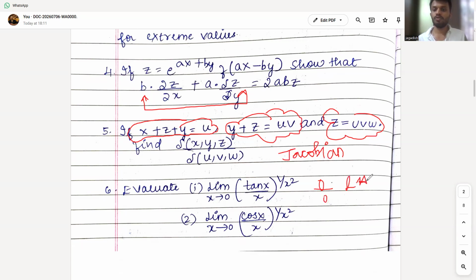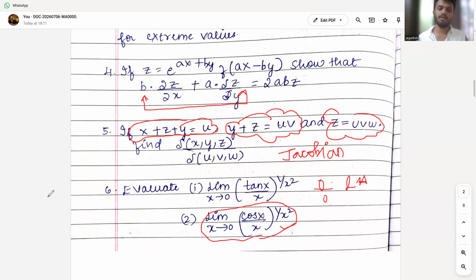In the L'Hospital rule, you need to differentiate the numerator and denominator separately and substitute the value of the limit. If you are getting some positive or negative value, then you stop. But if you still get 0 by 0 form, you continue differentiating.